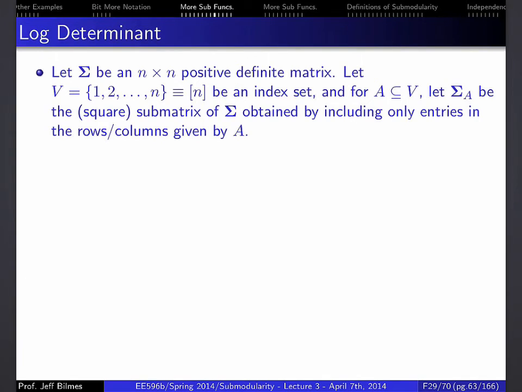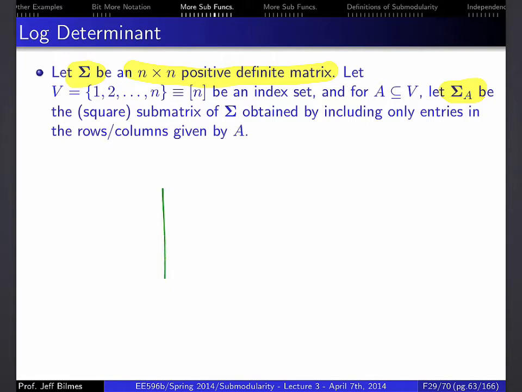Okay, so here's one that might be of interest to some of you. The log determinant function. Let's start off with sigma, which is an n by n positive definite matrix. And let's say that V, the ground set, is a set that indexes the elements. It's a square matrix, so it indexes the elements of the rows or columns. Let's define submatrices by subsets of V. Sigma sub A is a square matrix obtained from sigma by taking the corresponding rows and columns.